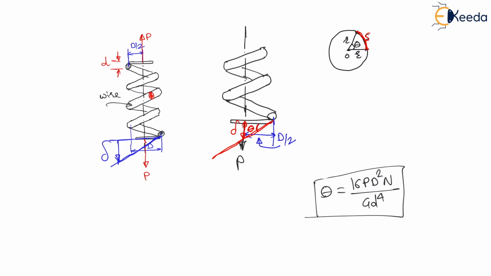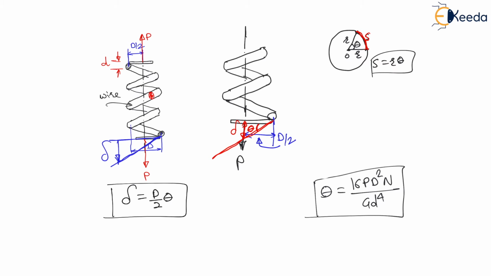It is a property of circle that S is equal to R theta. Similarly, here this linear displacement delta is equal to R times theta, where R is D by 2. Therefore, this linear displacement delta will be equal to D by 2 into theta. This is how we can find linear displacement.